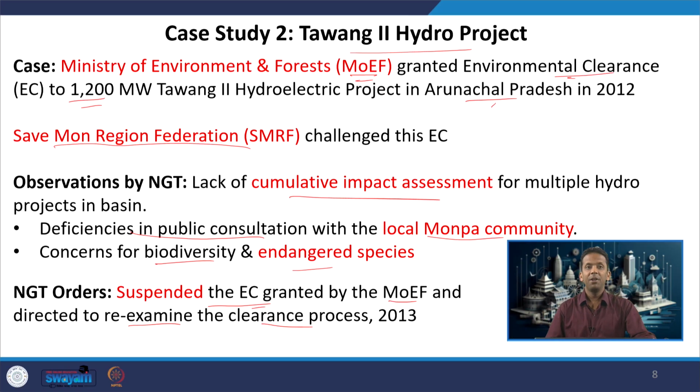The same thing happened here. Even though the clearance was granted by the ministry, when NGT observed that there were some missing points, some deficiencies, and some concerns which were not addressed before the clearance was issued, they suspended the clearance granted by the ministry and asked it to re-examine the clearance process.